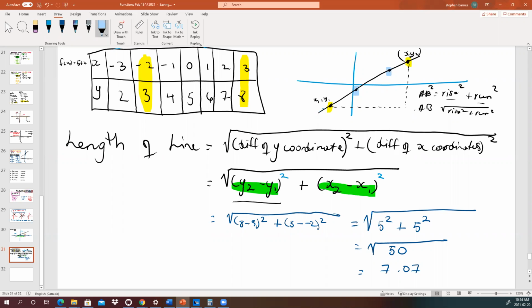So what this formula gives you is the length of the line between the 2 points, or you can call it the distance between 2 points, right? If you prefer, which is what I prefer to use, is to say the distance between 2 points on a line. That's what I like to call it, all right?